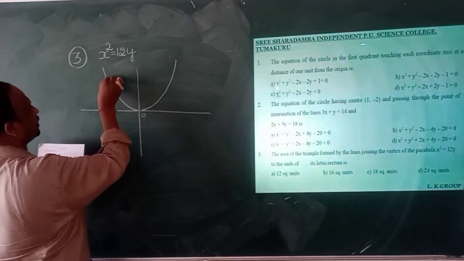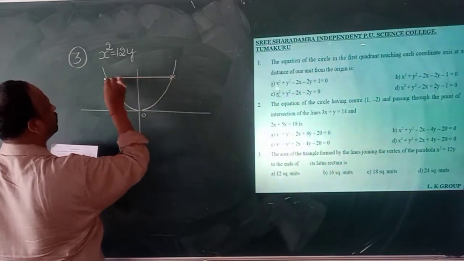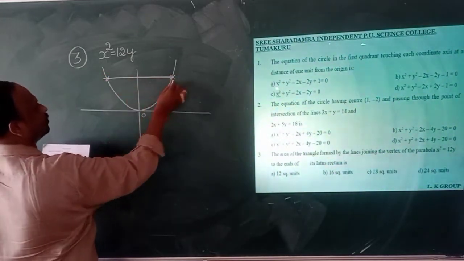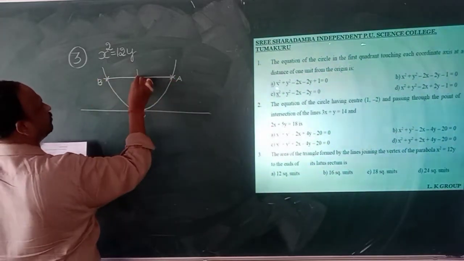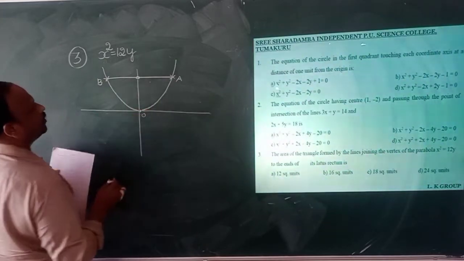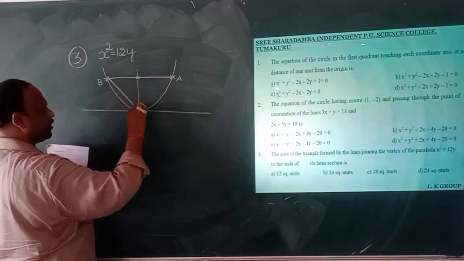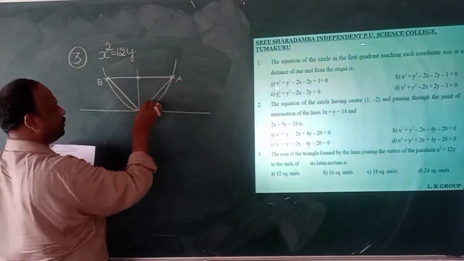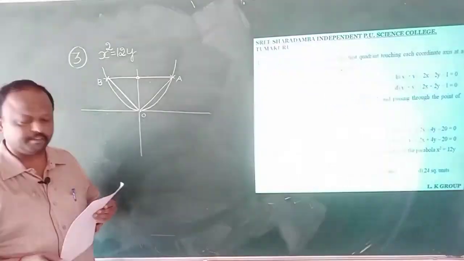and the latus rectum. So this will be A, B. We have to find the area of triangle OAB.